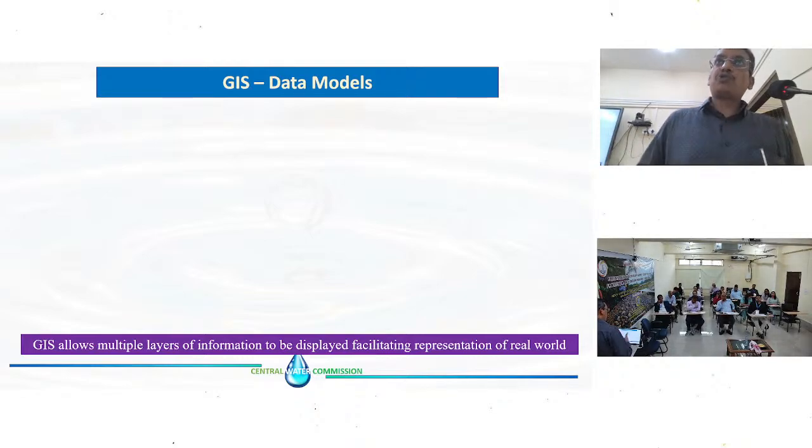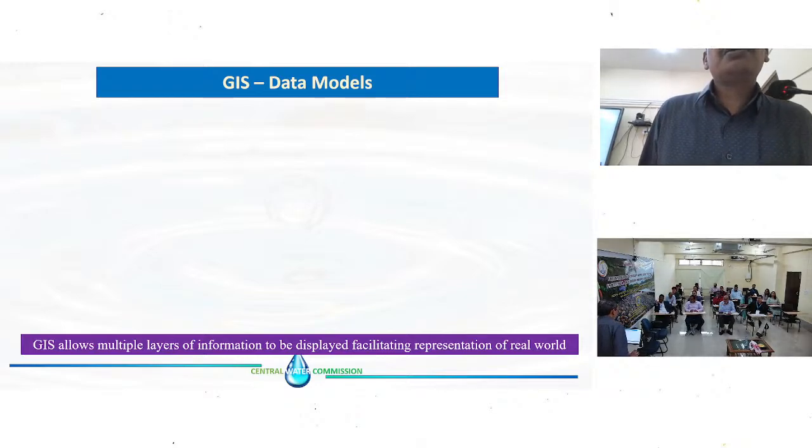I already talked about DEM, digital elevation model, which I said is raster data. Anyone quickly please? Vector data represents XYZ.